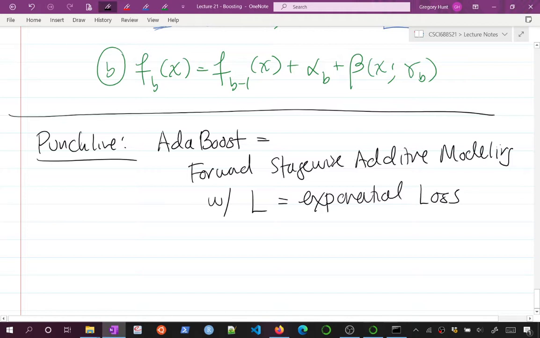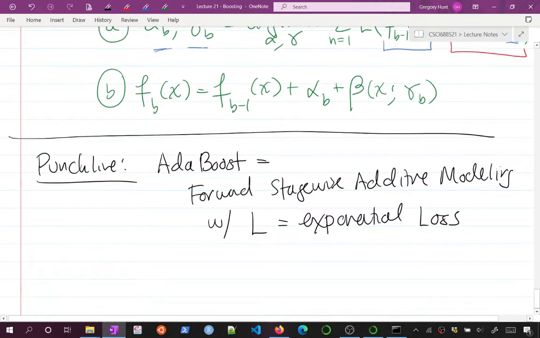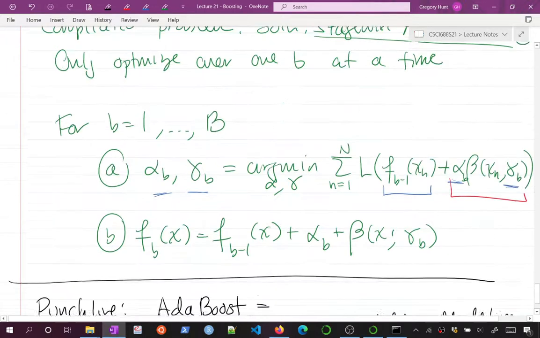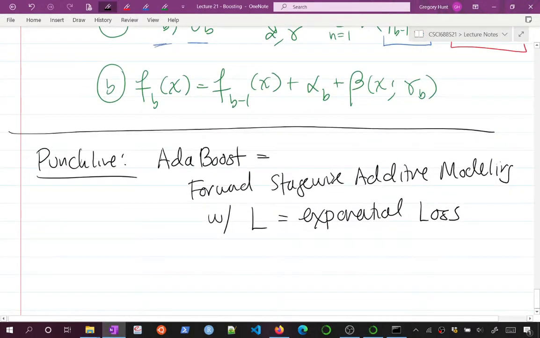Before, we talked about different losses for classification: 0-1 loss, squared loss. There's also something called an exponential loss. It turns out that this process of adding one at a time based on the answer in the previous step, which is called forward stagewise additive modeling, if you do it in a classification context with our loss L being the exponential loss, is Adaboost.